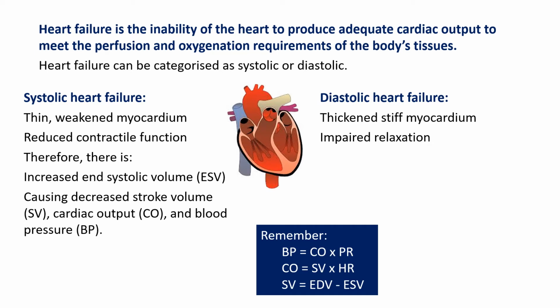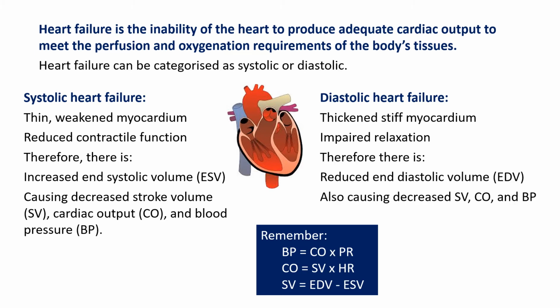In diastolic heart failure, we have a bit of the opposite happening. We have a thicker myocardium, but it's stiff. So we're going to have a smaller chamber, a thicker myocardium, a myocardium that can't stretch as well, but also can't relax as well.